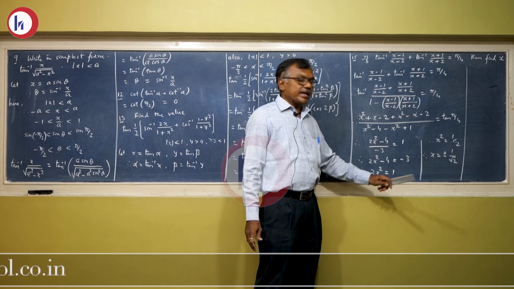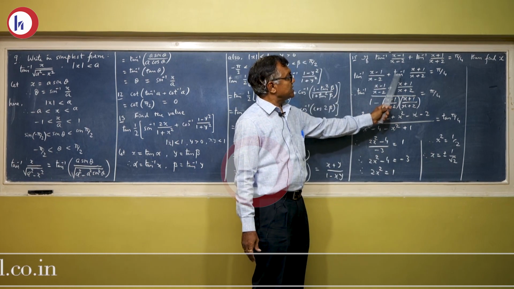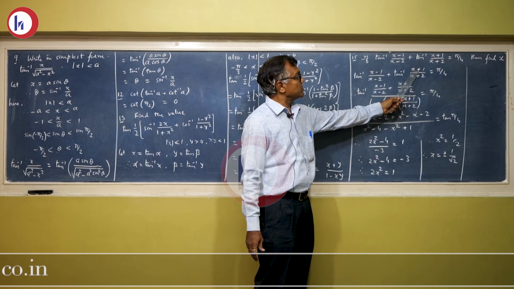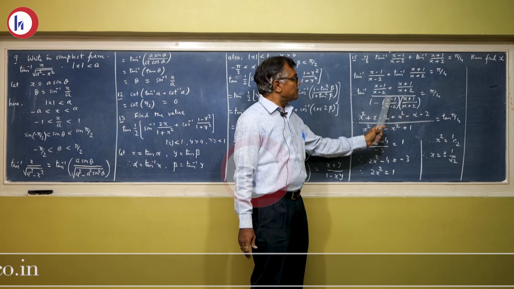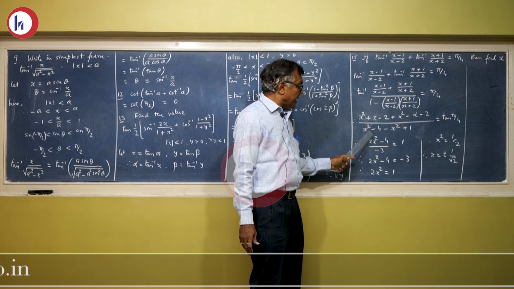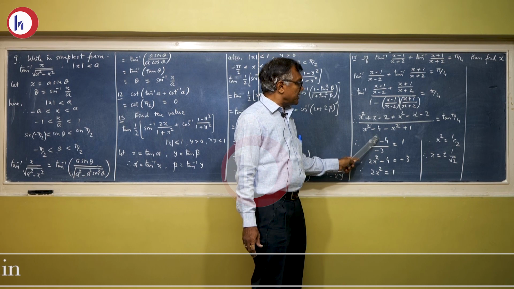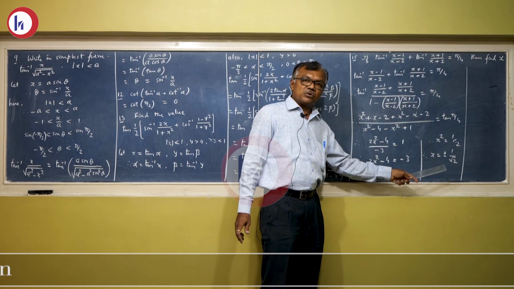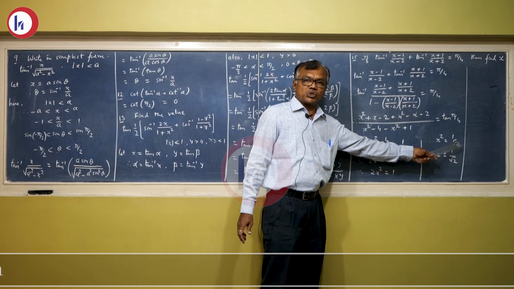Now suppose x equals plus 1 by root 2, you substitute here. Here x equals 1 by root 2, and in every place x equals 1 by root 2. On simplifying, you will reach here. When you reach here, what is here is nothing but x square. So whether you substitute x equals plus 1 by root 2 or x equals minus 1 by root 2, x square will be 1 by 2 only.